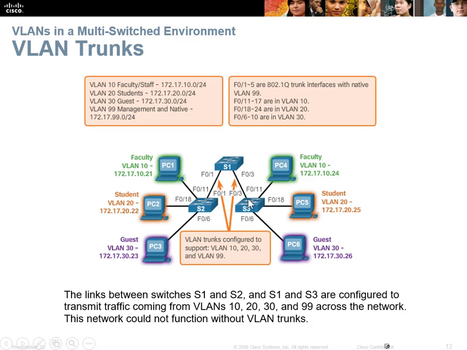What a trunk does is allow the information from the three connections to go through one cable, part VLAN 10, part VLAN 20, part VLAN 30, and then over here it reassembles it. It just saves cabling and time and effort.